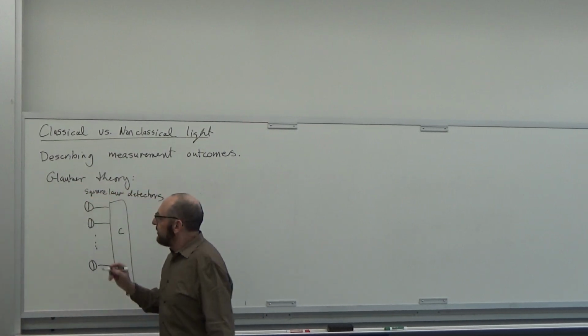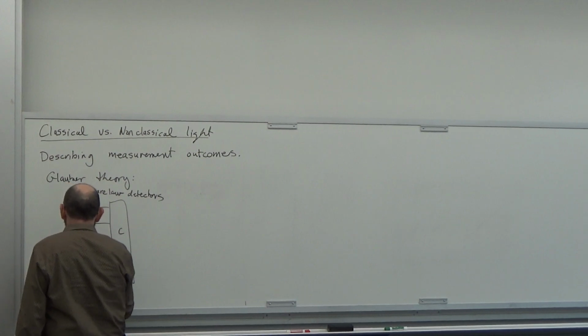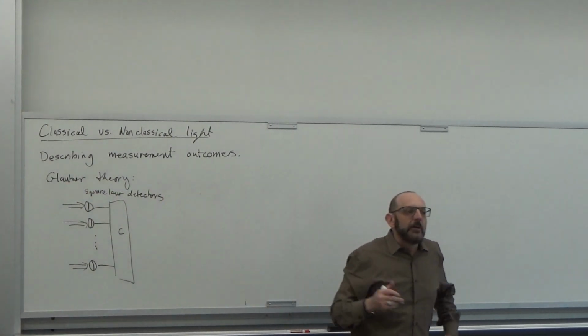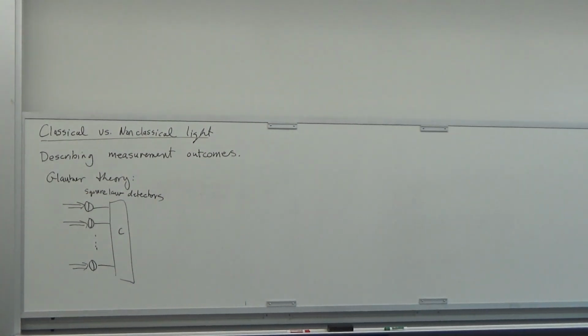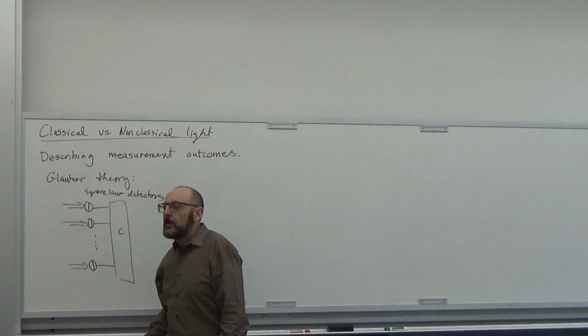There was incident on each one of these, some field, and we looked at joint probabilities or joint rates of detection of this photon counting, right?